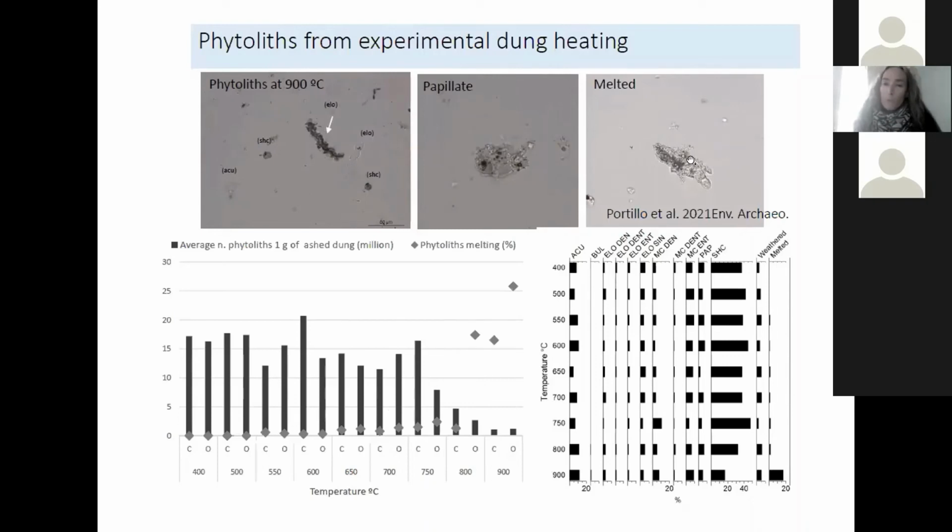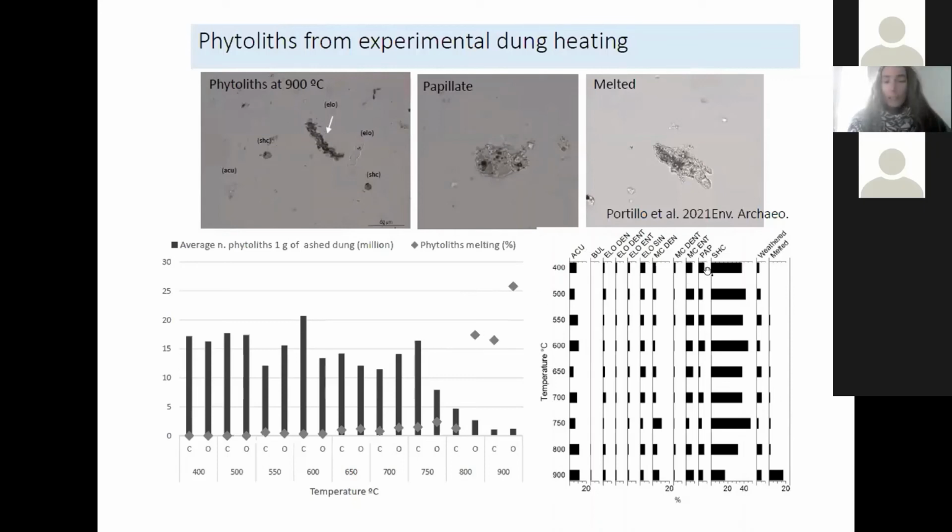The phytoliths begin to be destroyed. They form bubbles, darken completely, and become amorphous. And this is an indicator of high temperature. So when we find ashes with melted phytoliths, we may estimate that they have suffered temperatures of 800 degrees or more. And the heating affects the different morphotypes of the phytoliths differently.